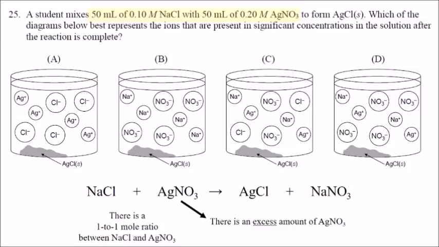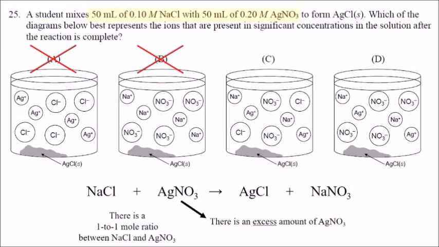In terms of the particle diagram, if there's an excess amount of silver nitrate, at the end of the reaction there should still be silver ions and nitrate ions present in the solution. We can eliminate choices A and B because there are not both silver and nitrate ions present in the solution at the end.